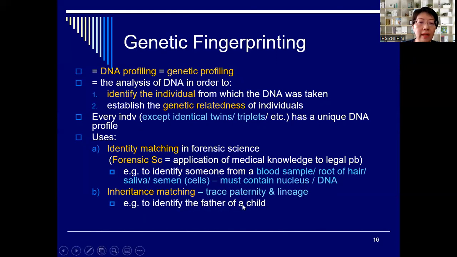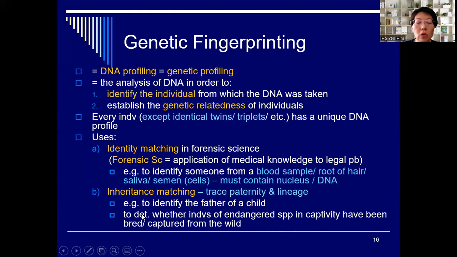To identify the father of a child, and also for animals, to determine whether individuals of endangered species in captivity, that means we capture the animal and put it in the zoo, and then they are categorized as endangered species, like the panda, for example.